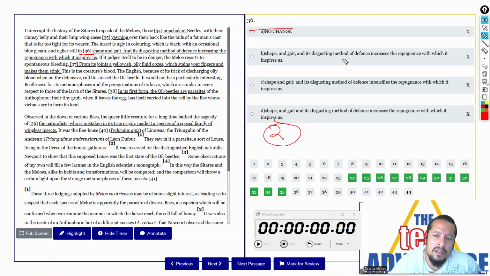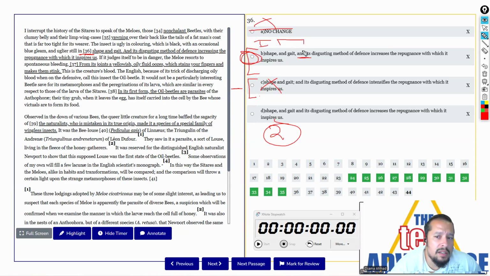Okay. Who told me answer B? Okay, nobody told me answer B. Who told me answer C? Most of you told me answer A. I made a mistake here, and it shouldn't be C or A. It should be answer B.